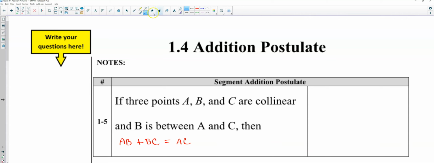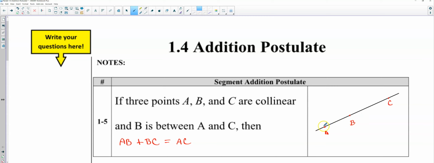What it's saying is that if we have a line and 3 points that are collinear, so let me draw the points. Let's say we have points A, B, and C. Notice that between doesn't mean the middle, it means anywhere between points A and C, okay?